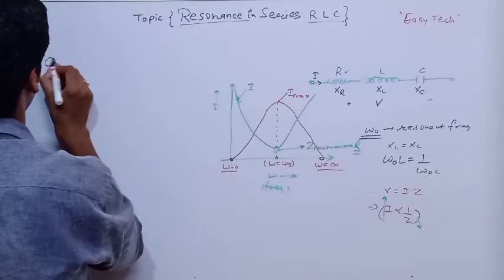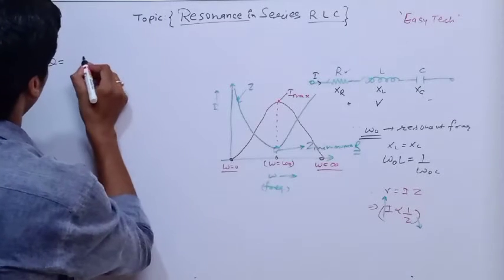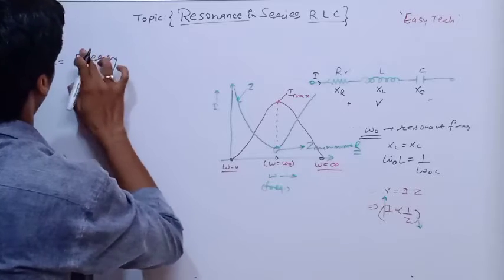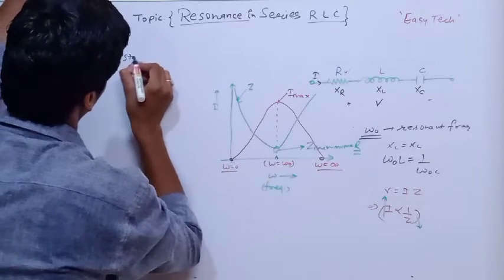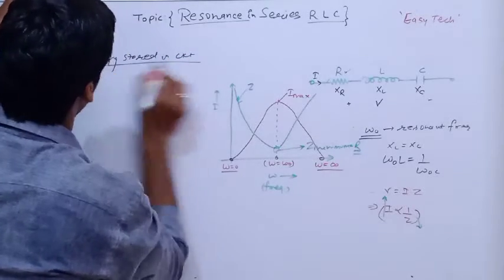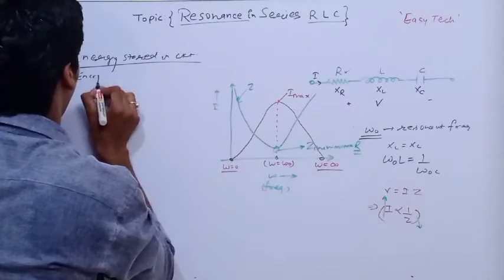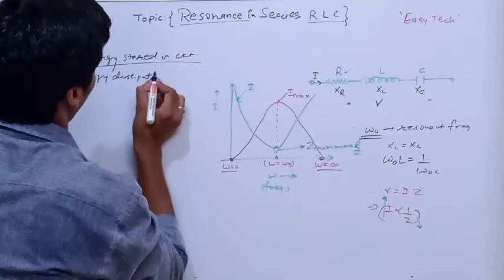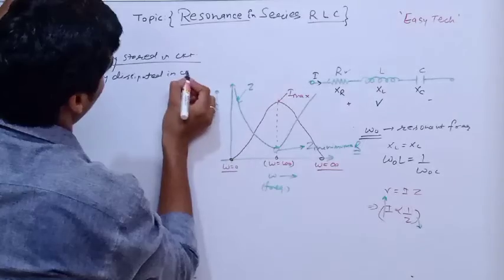The value of Q is given as energy stored in circuit to energy dissipated in circuit.